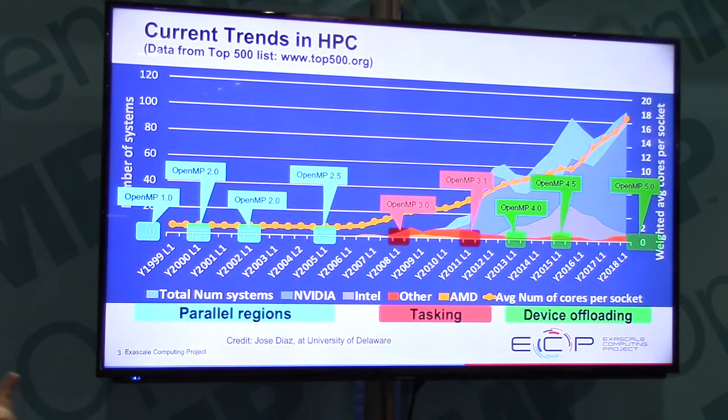And as we see that evolution, we also see that OpenMP has responded to that trend. In the latest results, we have support for accelerators, and in the mid-2000s, we had support for tasking, and before that, support for multi-cores. So this is a project that has evolved over time, in response to the type of architectures that we are supporting.